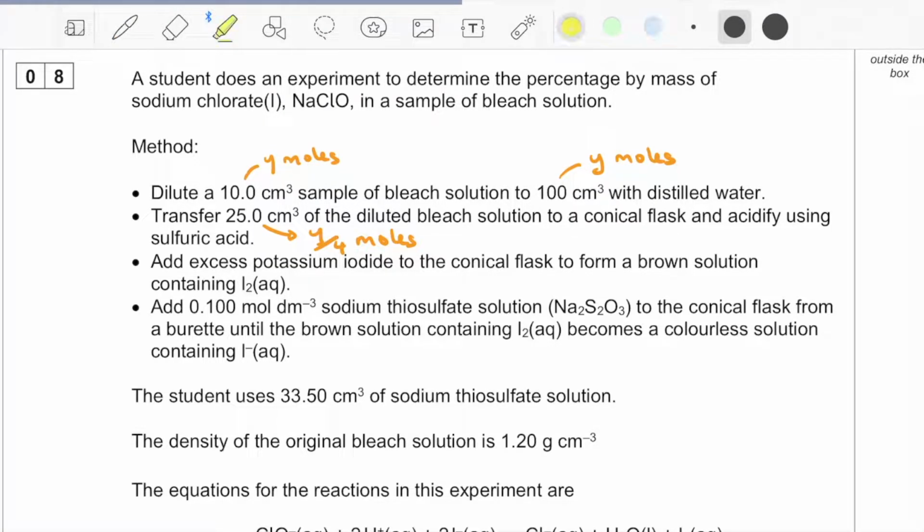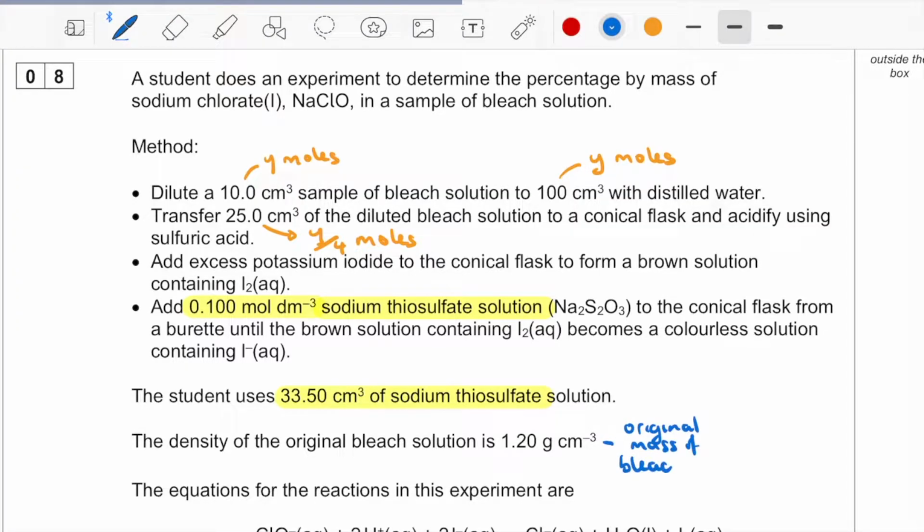So one of the things I'm going to note is they have given us a concentration and a volume of the sodium thiosulfate solution. So those two numbers are going to be important. And then the density of the original bleach solution is 1.2 grams per cm³. So one of the things that we could do there is work out the original mass of bleach solution.